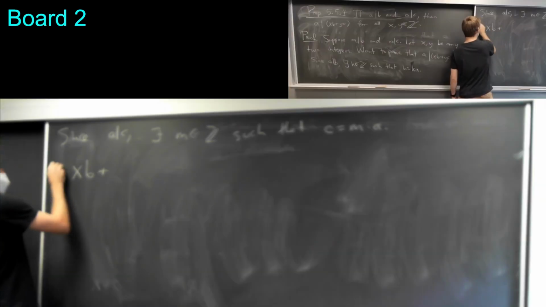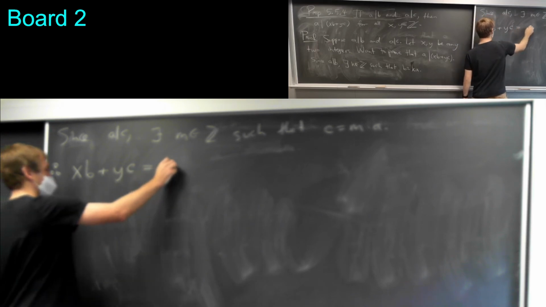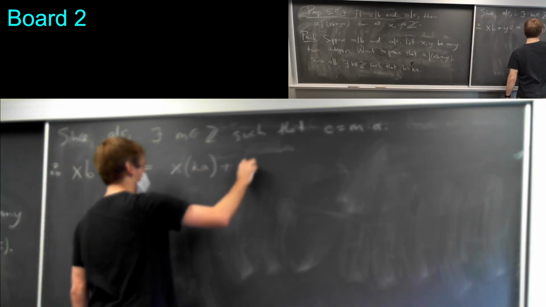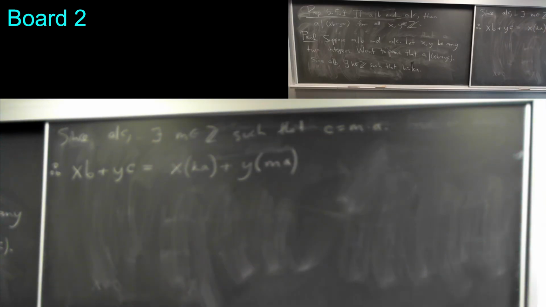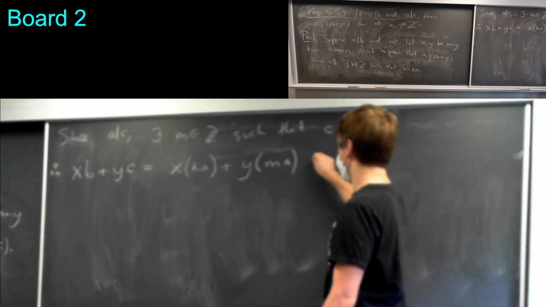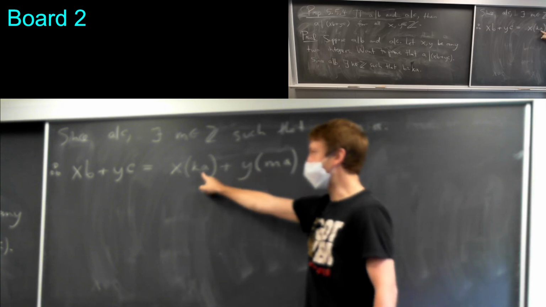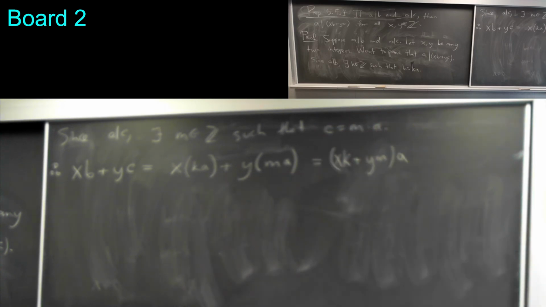So if I take xb plus yc, that's x times ka plus y times ma, because b is ka and c is ma. Everything has an a in it, so I can factor out the a like that. And then why are we happy with this?